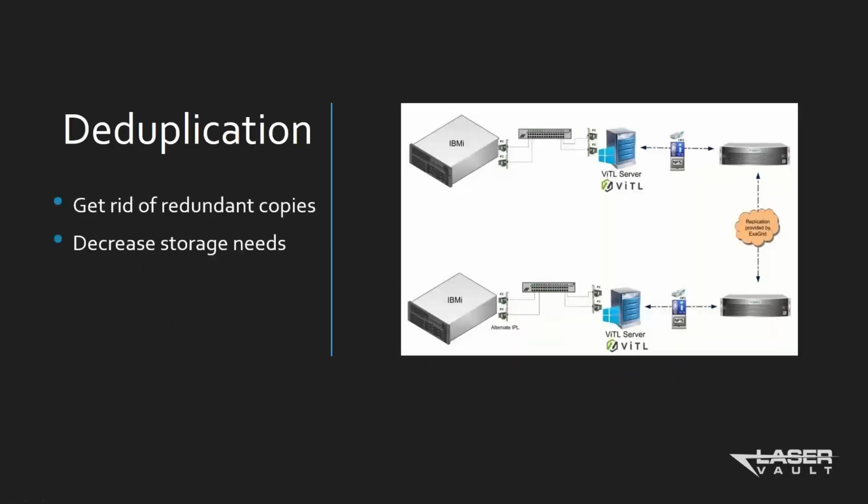Deduplication. You might have heard of this technology. We actually work with several deduplication appliances such as Exagrid, Cohesity, Rubrik, Pure Storage, and many, many others. Simply connecting LaserVault to those storage devices, those deduplication appliances, means that you're going to use a lot less disk space in storing your backups.